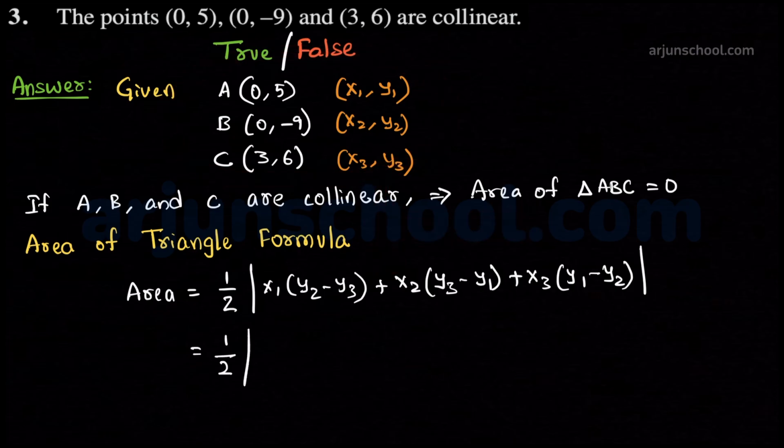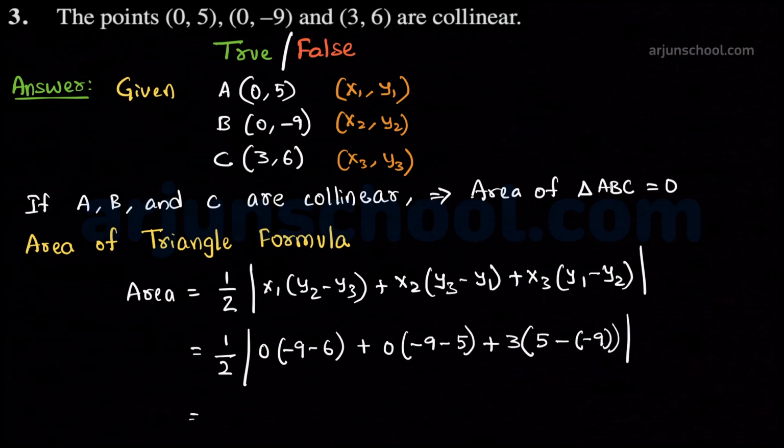So, 1 by 2 modulus of x1 is 0, (y2 is -9 minus y3 is 6) plus x2 is 0 (y3 is 6 minus y1 is 5) plus x3 is 3 (y1 is 5 minus y2 is -9).